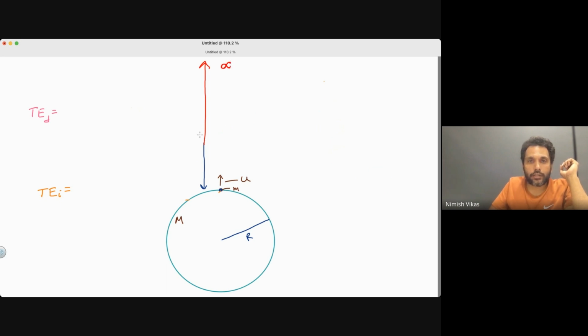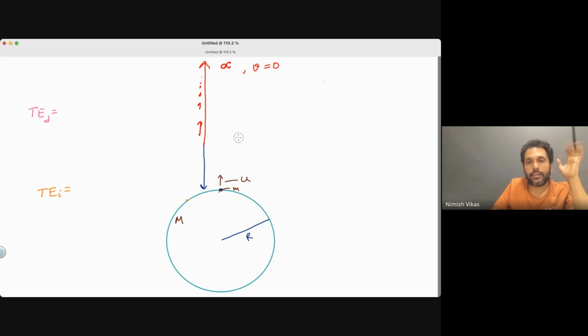But while it is slowing down, by the time it reaches infinity, velocity has become 0. But it has reached infinity, so there is no question of this coming back. If I throw with a lesser velocity, it doesn't reach that far and it comes back. Is that clear?